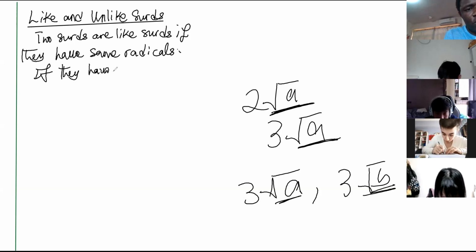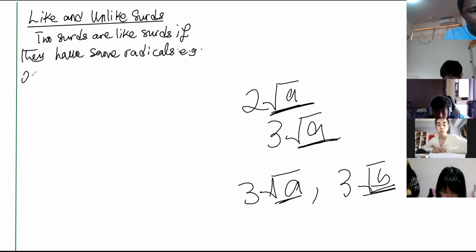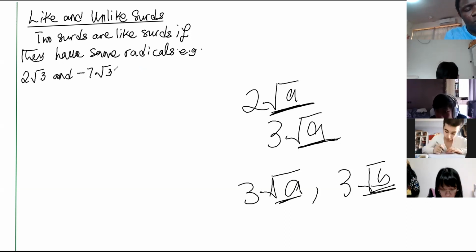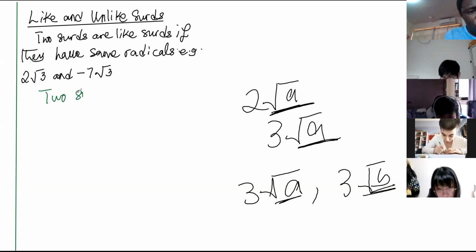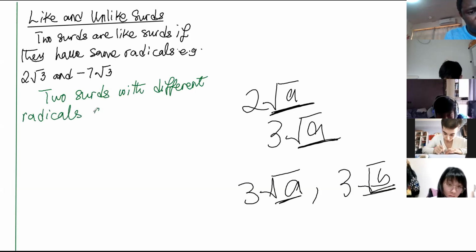For example, 2 root 3 and negative 7 root 3. 2 surds with different radicals are unlike surds.